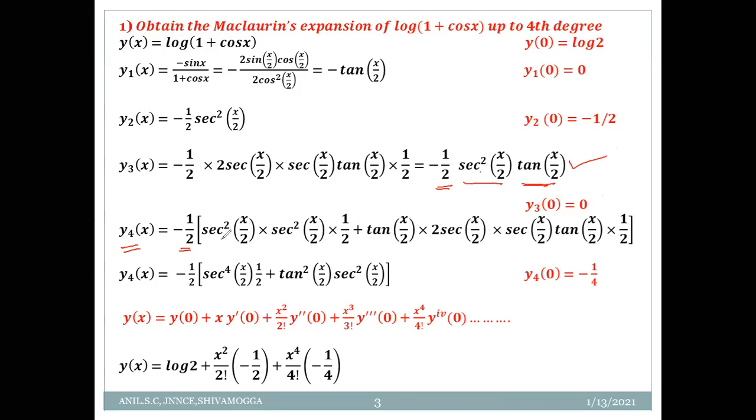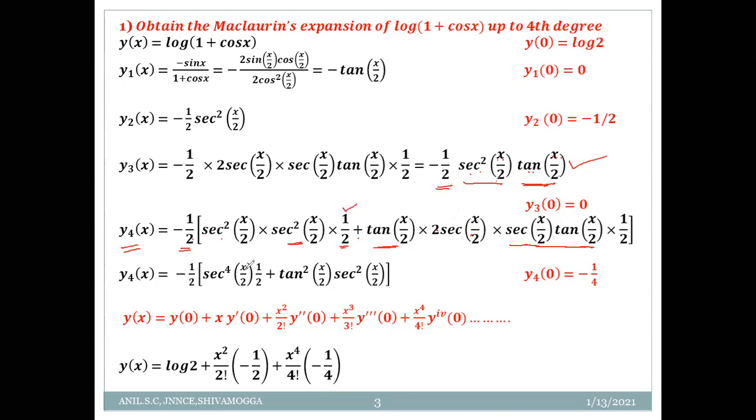First function secant square x by 2 into derivative of second function, derivative of tan x by 2 is secant square x by 2 and that of x by 2 is 1 by 2, plus second function tan x by 2 into derivative of secant square x by 2, which is 2 secant x by 2 into derivative of secant x by 2, which is secant x by 2 into tan x by 2 into derivative of x by 2, which is 1 by 2. Therefore, y4 of x is equal to this, minus 1 by 2 as it is.